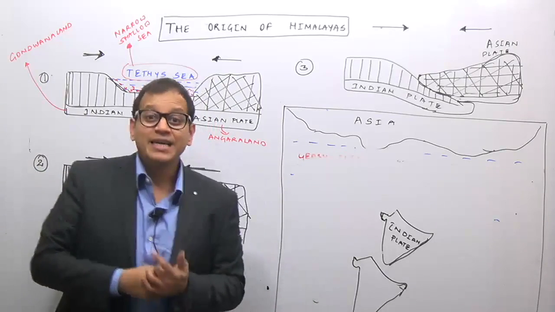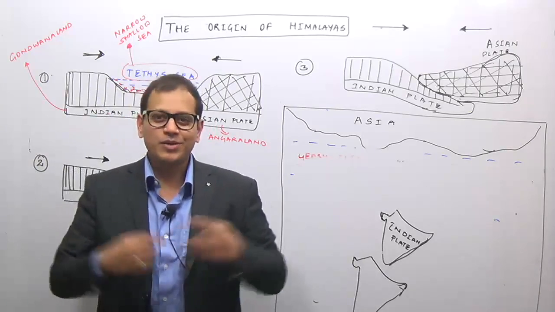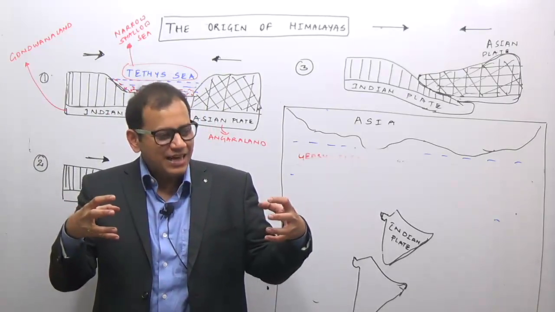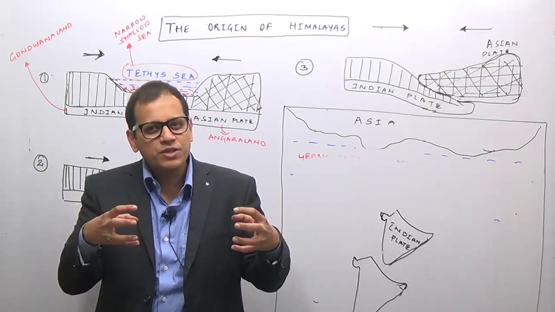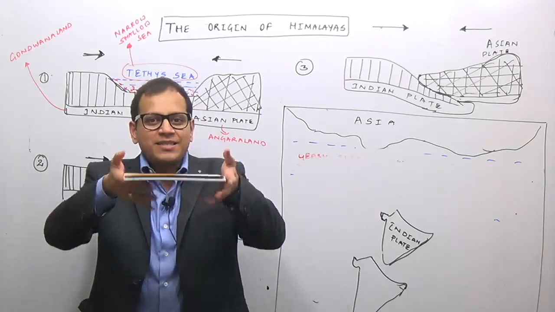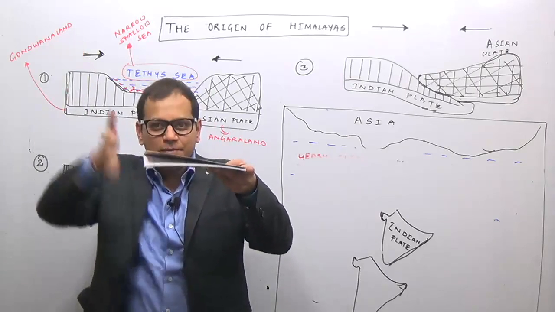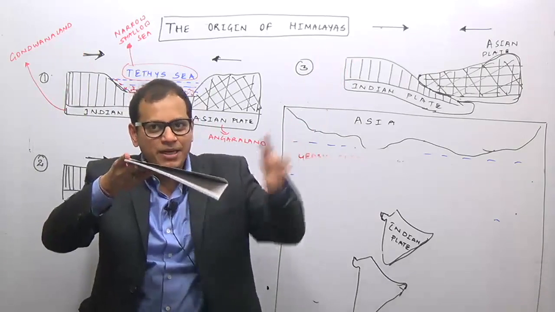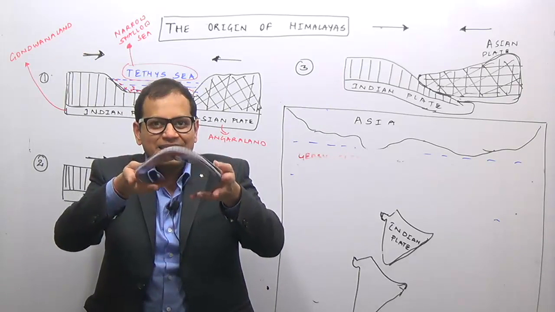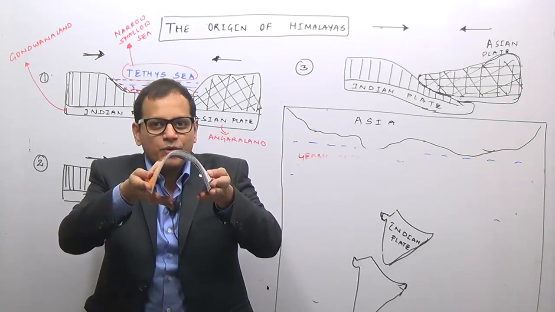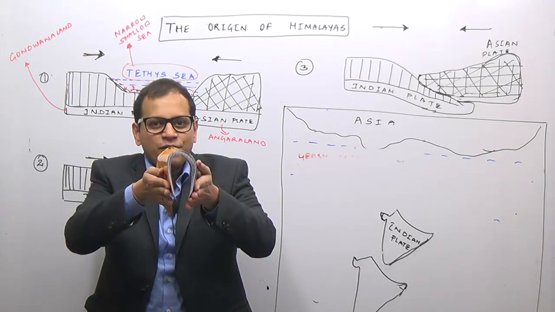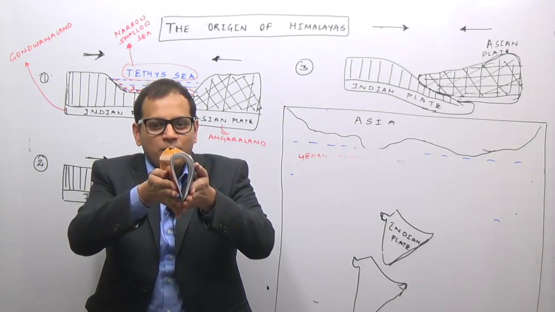And you know that in any converging plate boundary there is a high amount of folding because of the large amount of compressive forces which are applied. So if this is the Tethys Sea, and one is the Indian plate and the other is the Eurasian plate, the coming together of the Indian and Eurasian plates is folding this area in between, and the sediments in the Tethys Sea are folded to form the fold mountains.